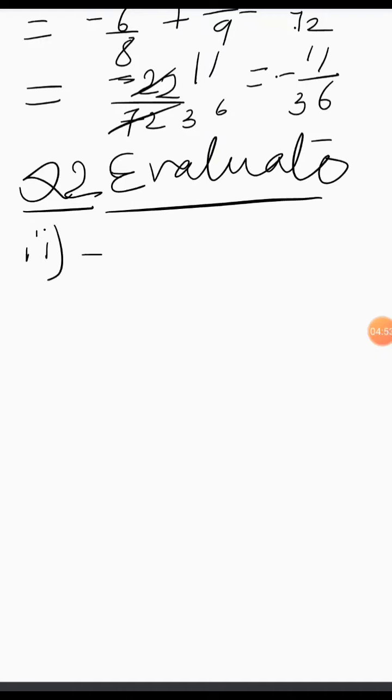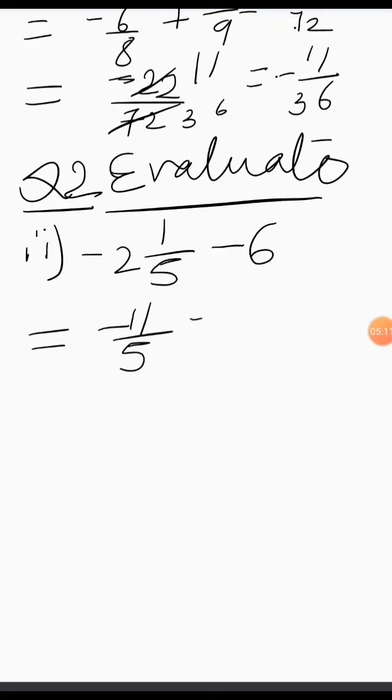The second is minus 2 1 by 5 minus 6. Now you know, convert mixed into improper. 5 2s are 10, 10 plus 1 is 11. So it will be minus 11 by 5 minus 6. Here there is no denominator, so you take 1. Now whenever 1 is there, what will be your LCM? 5 1s are 5.